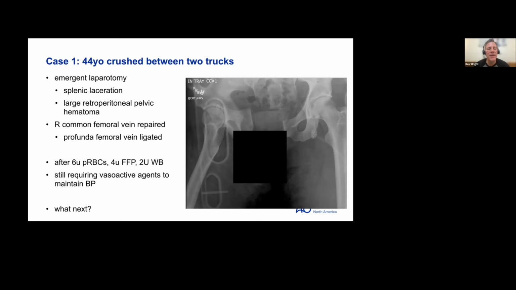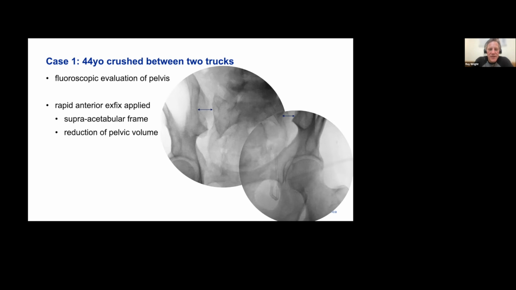But what I think you want to monitor more is their hemodynamics at this point, because that can dictate your urgency, I think, somewhat. And if you get a fluoro unit in this situation, it can give you an idea of their overall alignment, because so far I don't have a whole lot of data on this patient's injury.